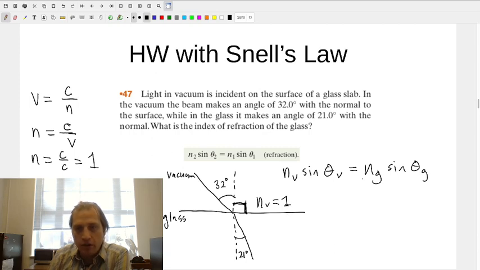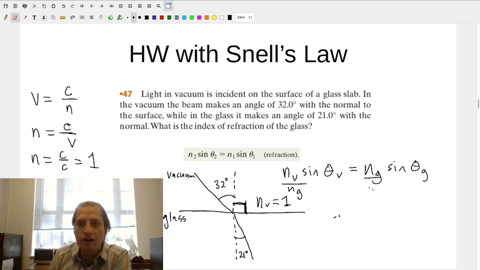And so here, I can go ahead and put in my numbers. I'm not going to put in numbers right now, but I will show you how to do the expression. If I take both sides and divide them by n glass, Ng, that would give me sine angle of glass equals n v, whoops, let me not be crazy.